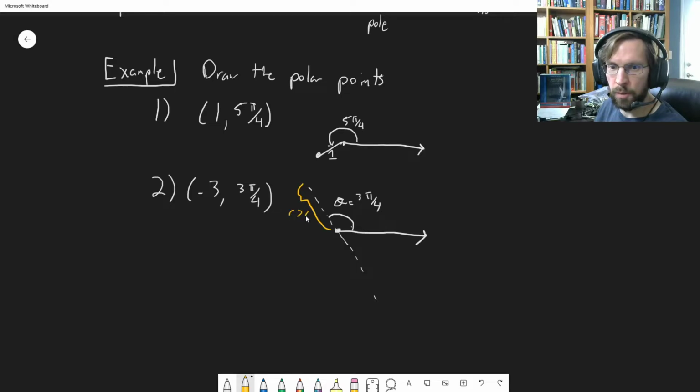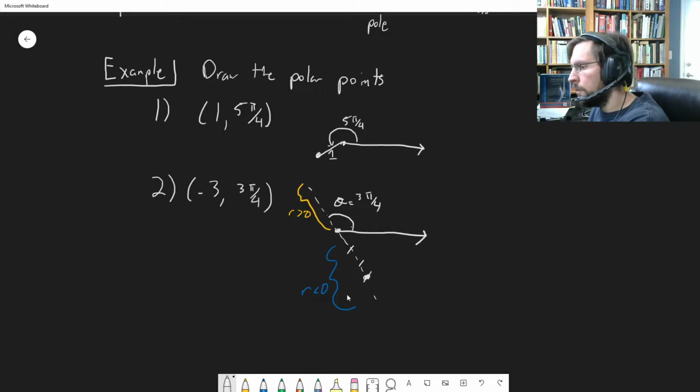So here's r bigger than 0. But if r is negative, r is going to be down here. The positive direction is the yellow part of the curve, and the blue part is where r is negative. Okay, so we're going negative 3, so we can mark off 3 units like this, and there's our point, negative 3, 3 pi over 4.